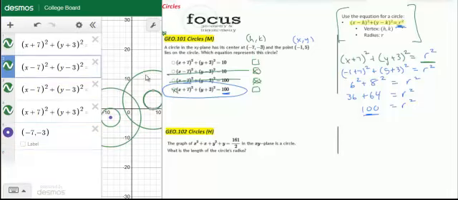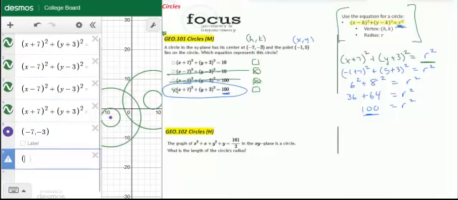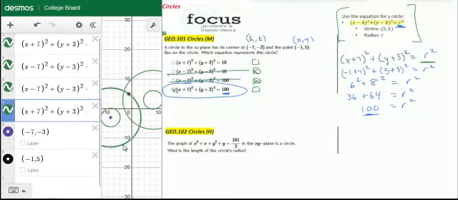So those two are eliminated. And then I also need to label the point -1, 5. Now you can see the only circle for which that's the center and the point on the circle lies is that one, and it highlights the correct answer, which, if you scroll through, is the one that we solved for.